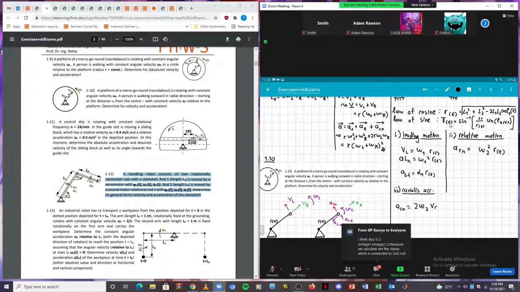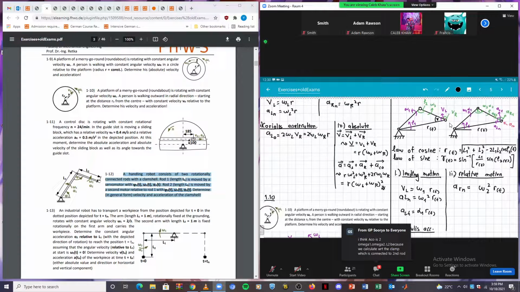I think we need to choose a coordinate system that we can resolve all the components to. Then when we choose the coordinate system, we can resolve the other components to that coordinate system.